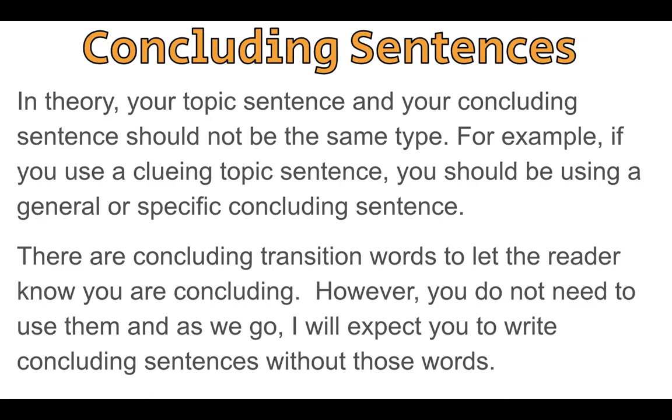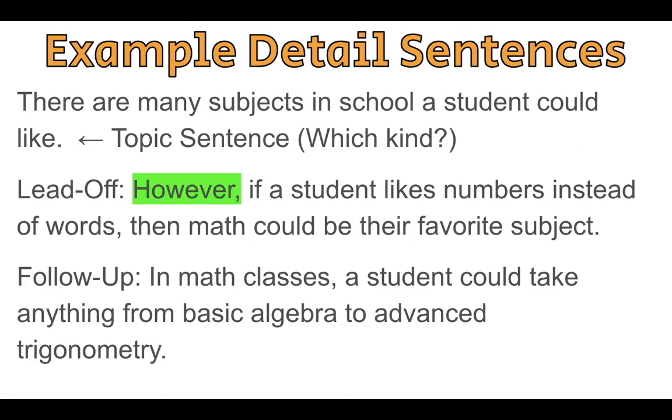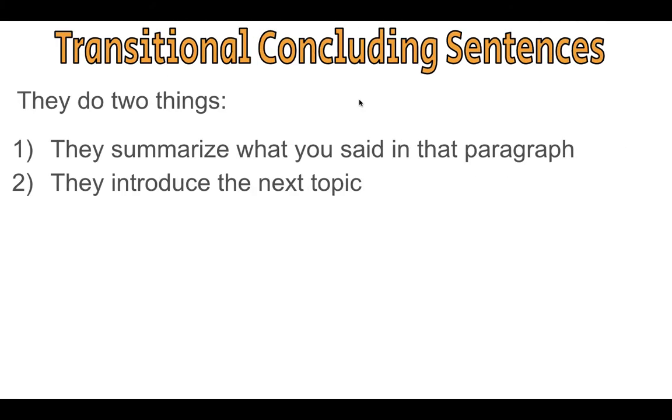Now, in theory, your topic sentences and your concluding sentences should not be the same type. So, for example, in that paragraph up here, I used a cluing one. So, in my conclusion, I should use either a general or a specific one. And so when you're writing your paragraphs, be thinking about, okay, I used a very specific topic sentence up here, so down below, I need to make it more general or make it more cluing.